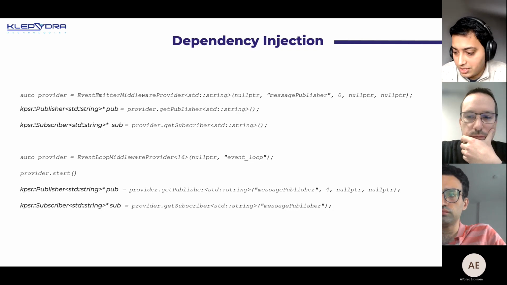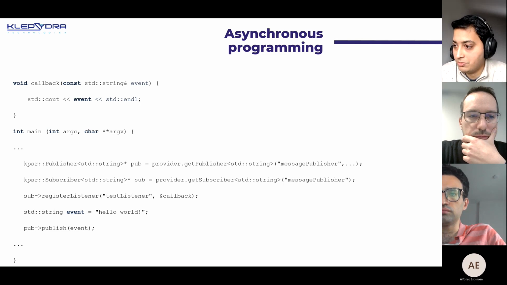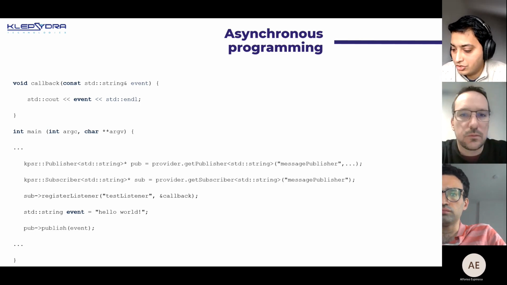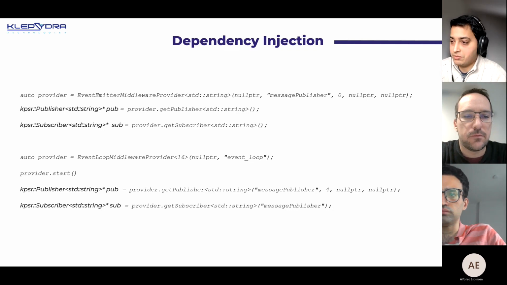When they give you a publisher and subscriber, you can use them in this same format. You take the subscriber, register the same callback, and you publish. So on the fly, for the rest of your application which needs a publisher, you can easily switch from one type of publisher to the other.